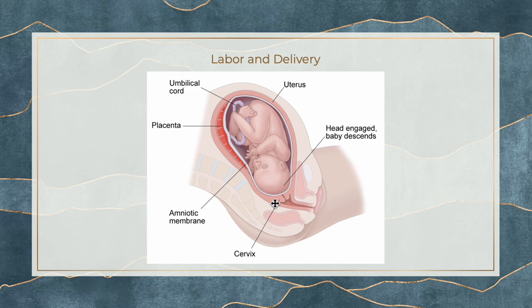The baby usually won't be ready to be delivered or expelled until the cervix reaches 10 centimeters. So the female's body will produce oxytocin, which causes the cervix to soften and dilate.